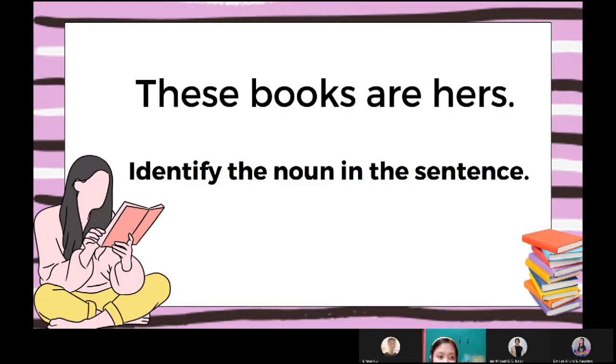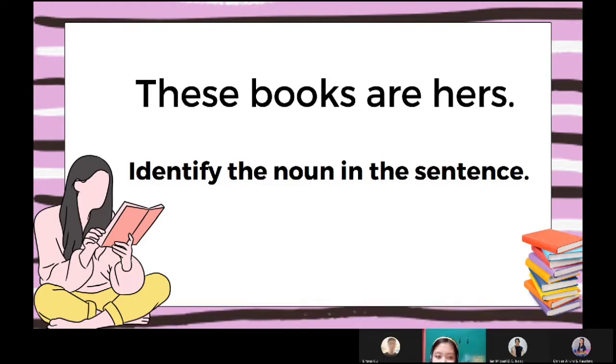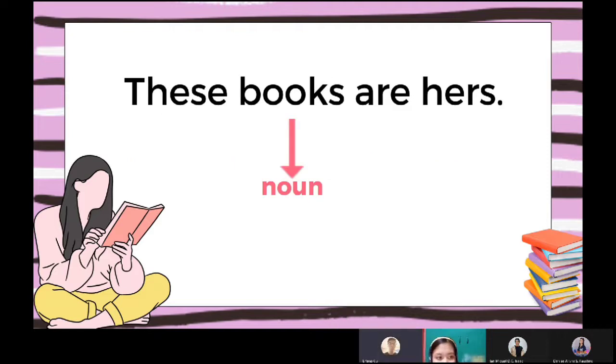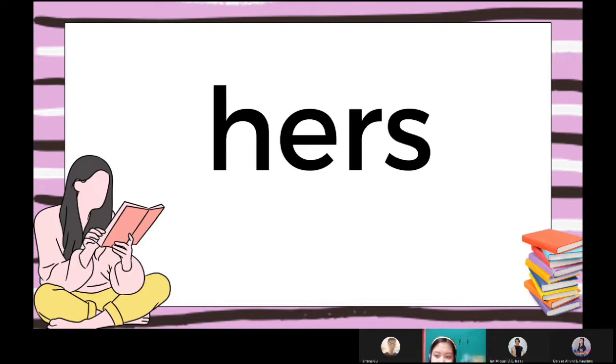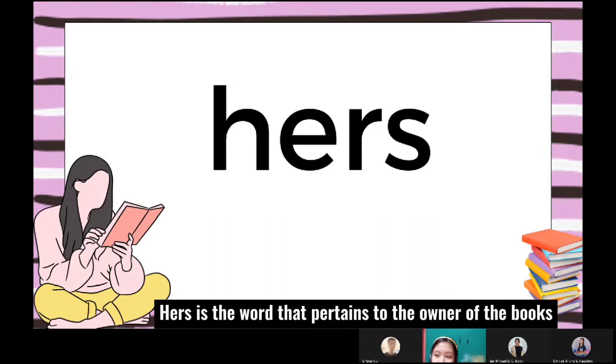Next, identify the word that pertains to the owner of the books. Li Feng. Oh, it's hers. Okay, hers. Very good. Hers is the word that pertains to the owner of the books.